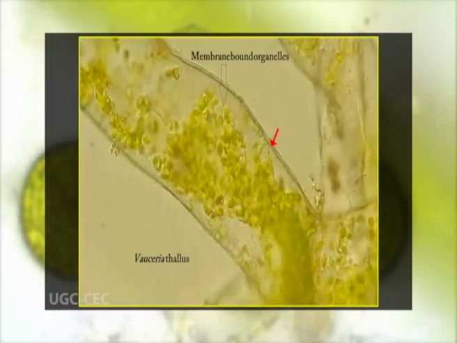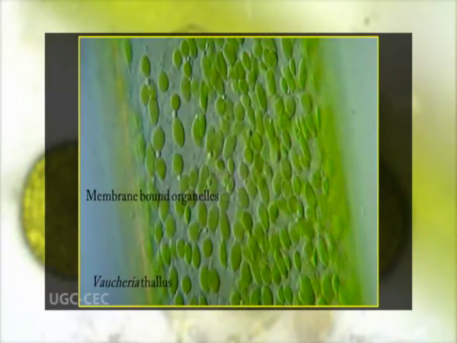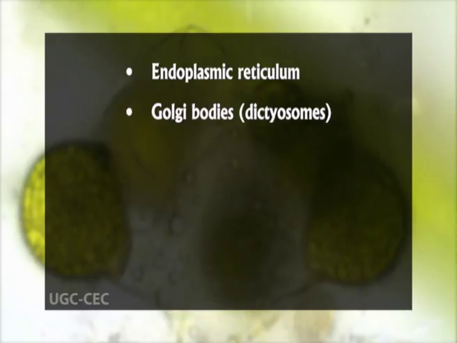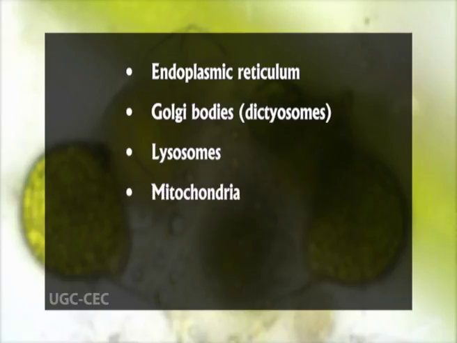Cell wall is followed by plasma membrane that encloses well compartmentalized protoplasm. That is, inside cytoplasm there is endomembrane system organized in the form of membrane bound organelles like endoplasmic reticulum, Golgi bodies called dictyosomes, lysosomes, mitochondria, plastids, and nuclei.